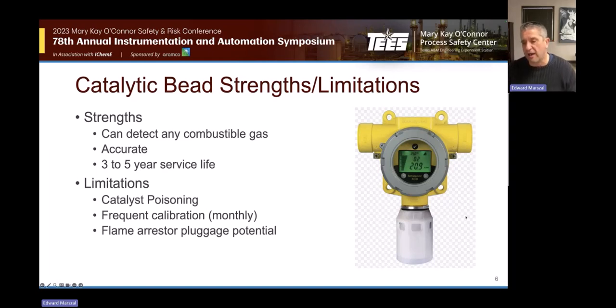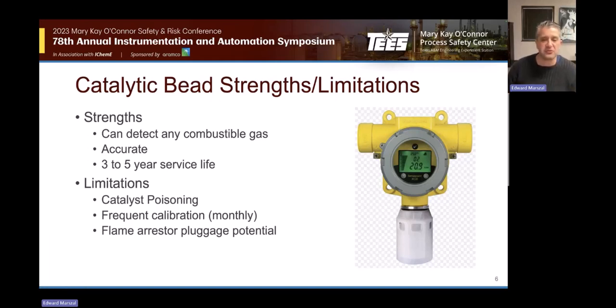Also, down at the bottom here, you're going to see a flame arrestor, which is something that's very common, where, I mean, this actually just looks like a filter as opposed to a flame arrestor, but I digress.